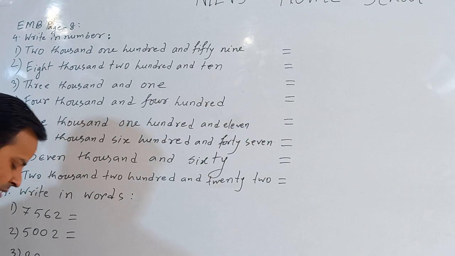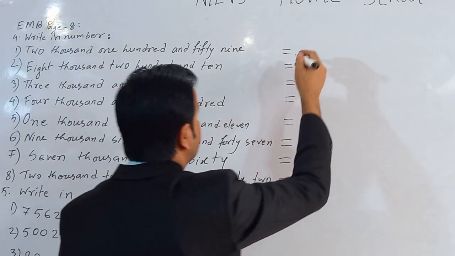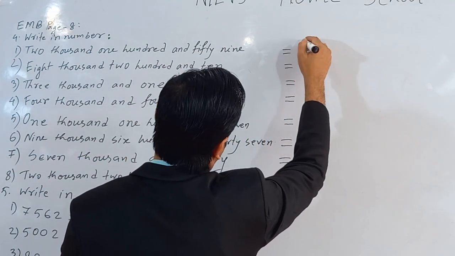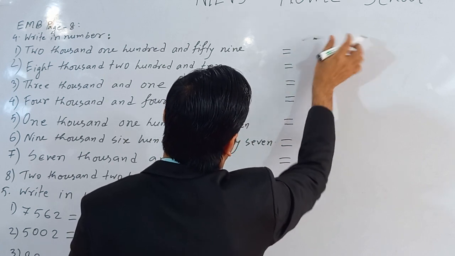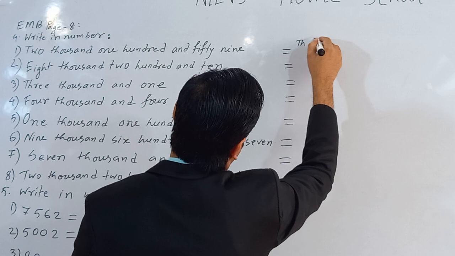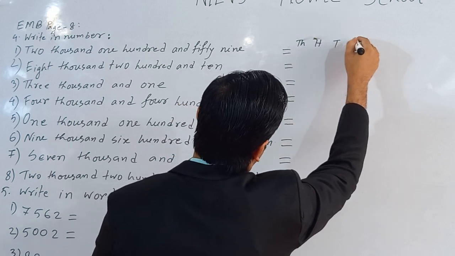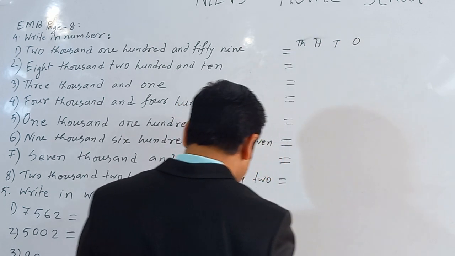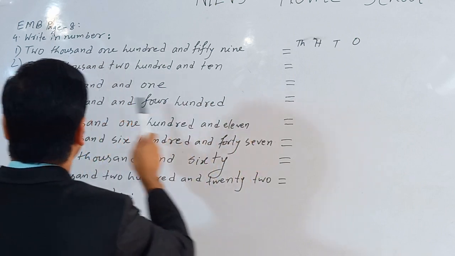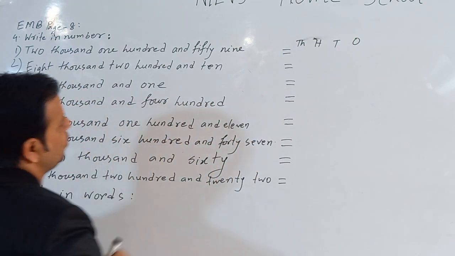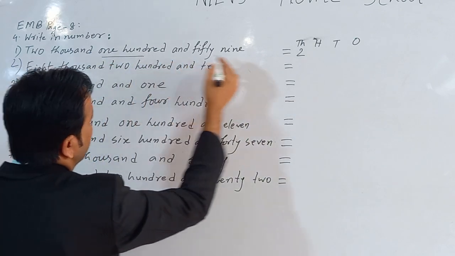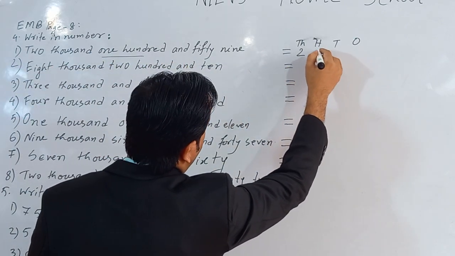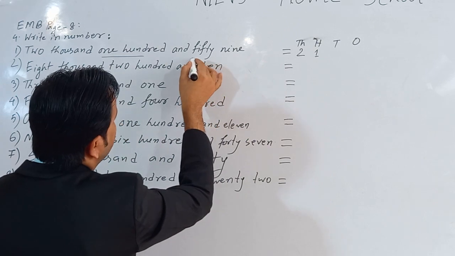2159. Okay, dear students, to write here the highest position is 1000, so we have to indicate the positions 1000, 100, tens, ones. So let us see how we can write 2159. We have to write 2 in thousands position, and 1 in hundreds position, and then 59.